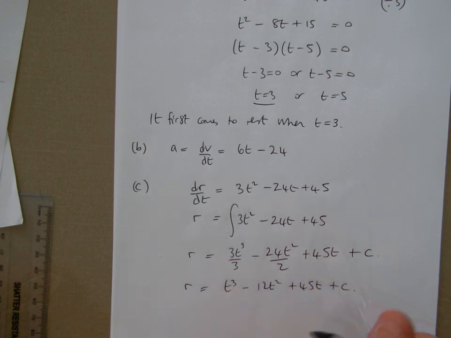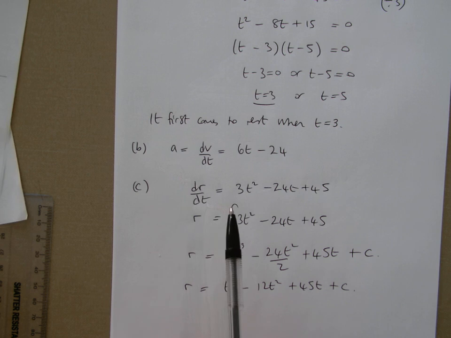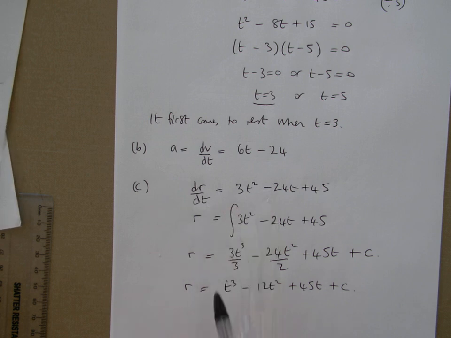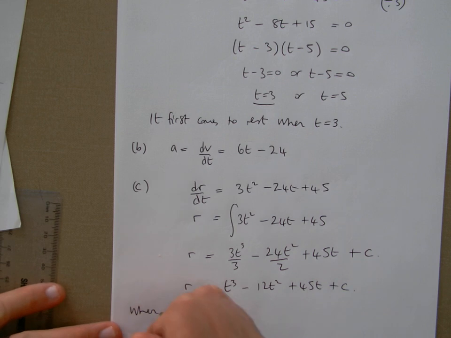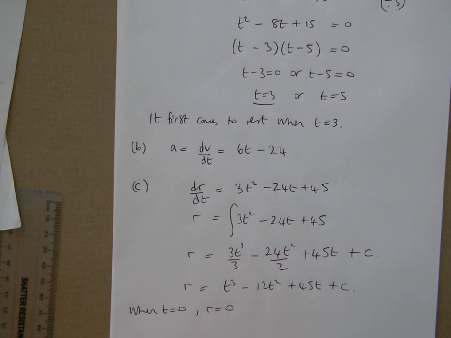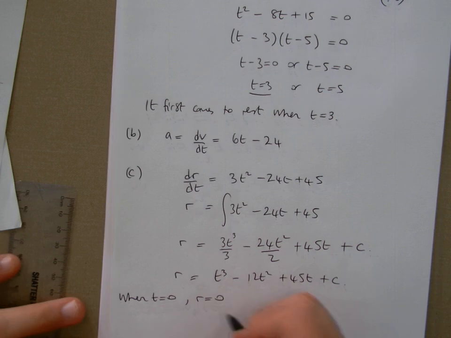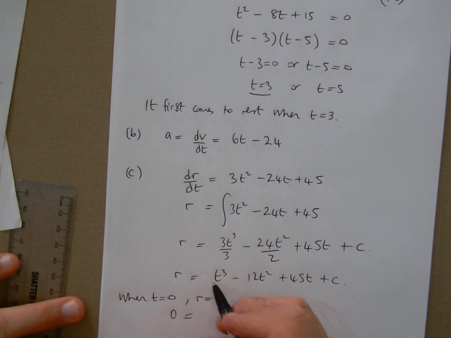Now, we need to work out what the constant is before we finish the question. It says the particle is projected from the origin O, so it moves along the x-axis. So when t is 0, r is also going to be 0, because at the start its displacement is 0.